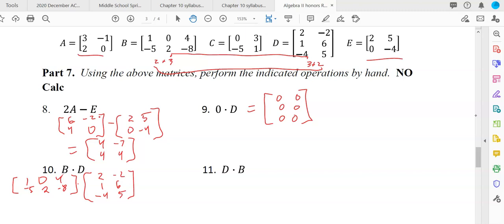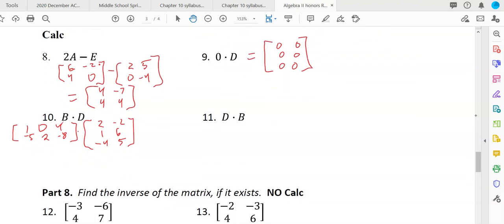You do row times column here. So you get top row will be 1 times 2 is 2. 0 times anything is 0. And 4 times negative 4 is negative 16. 2 minus 16 is the top left. Top right is 1 times negative 2 is negative 2. Plus 0 is plus 20.